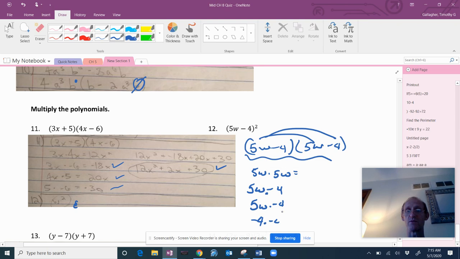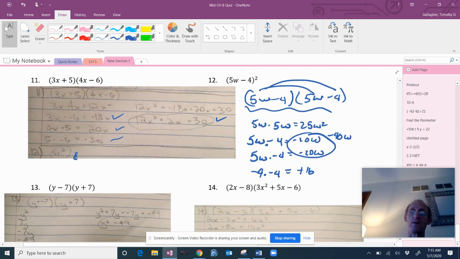So here you end up with 25w squared. Bam. This is negative 20w. This is negative 20w. And this is positive 16. So this is negative 40w. So then your final answer would be 25w squared minus 40w.